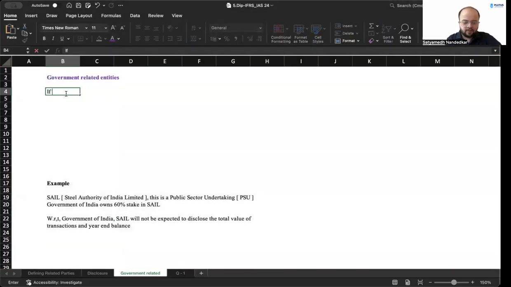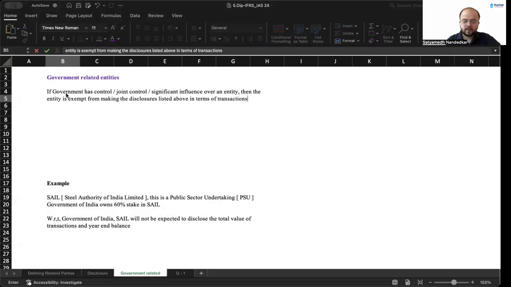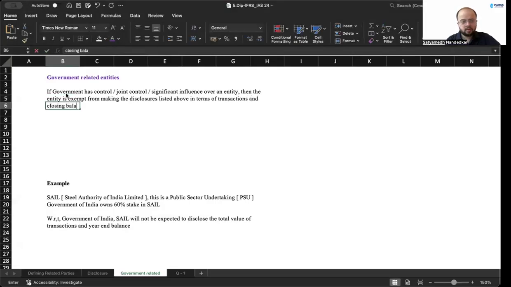Now, if the government has control, joint control or significant influence over an entity, then the entity is exempt from making the disclosures listed above in terms of transactions and closing balances.